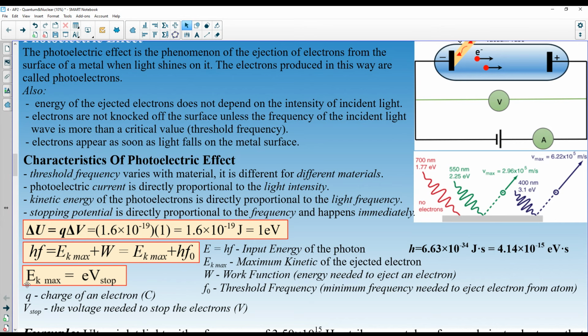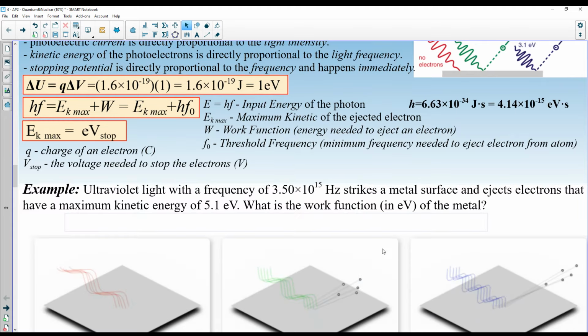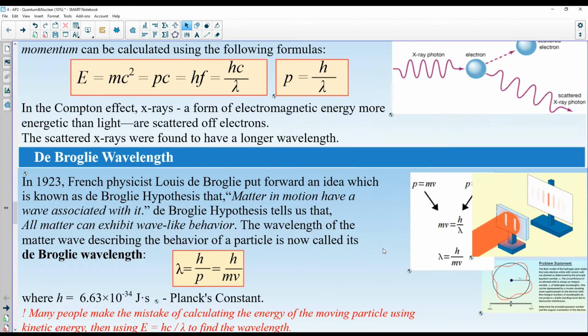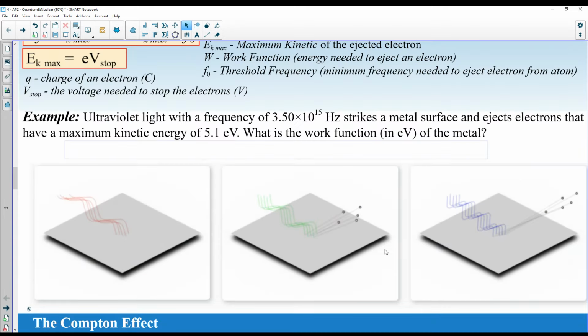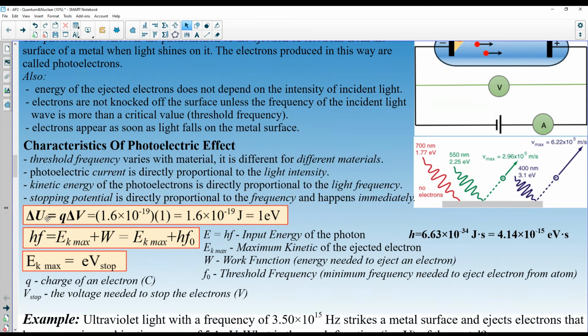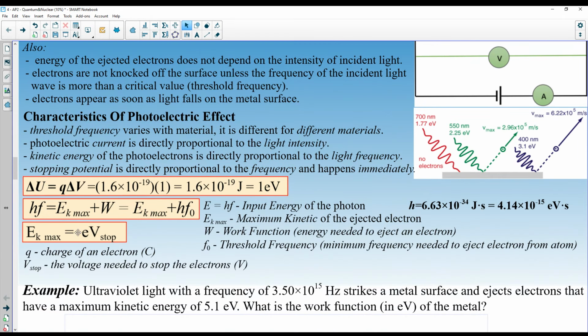The energy needed to stop those electrons is equal to the electron's charge times the voltage. It's the same formula that we have used before. Let me see where it is. It's above. Oh, here it is. This formula. So you use the same charge times the voltage, and it gives you the energy needed to stop the electron from getting from one side to another.